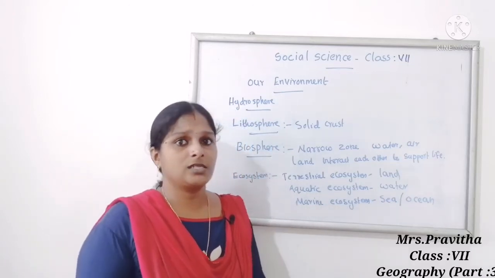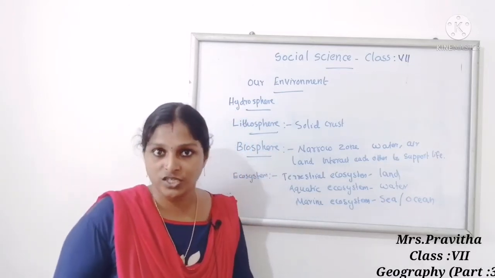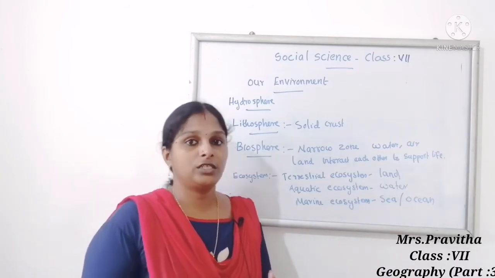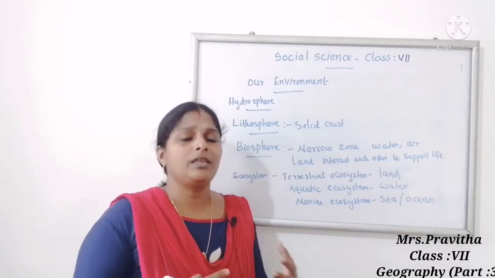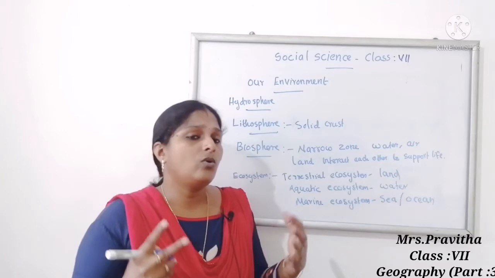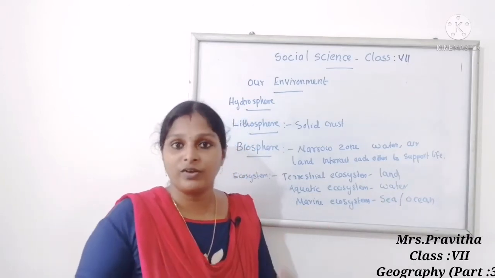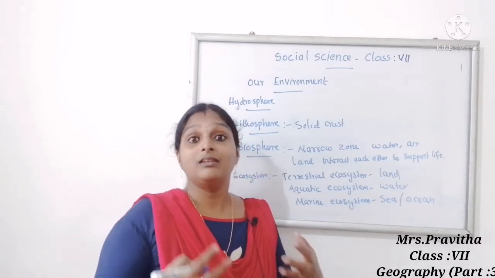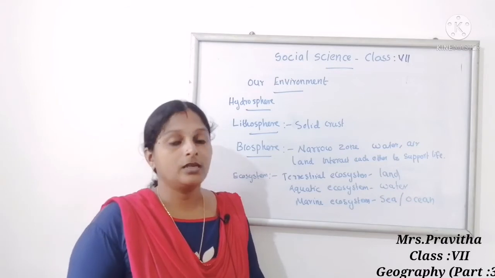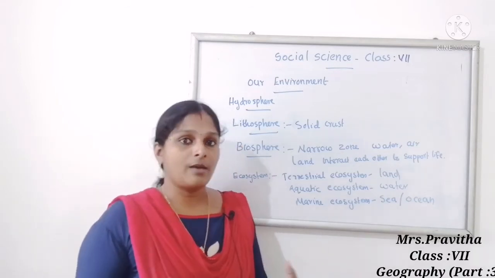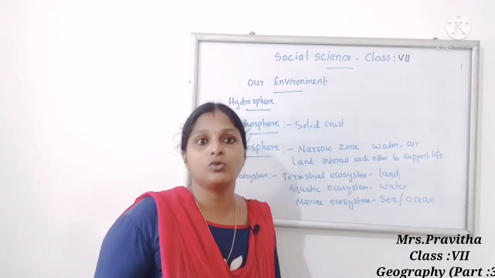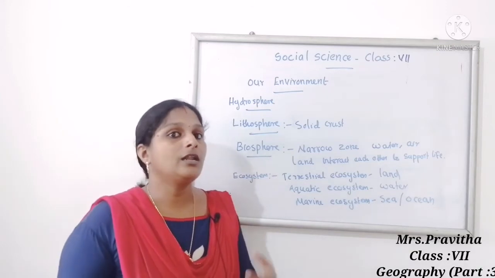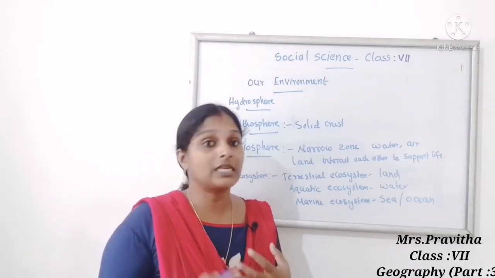We can tell many reasons: human activities like deforestation, polluting air, water and land, burning plastic, mining activities. All these human activities affect the ecological balance. Then there are natural disasters like flood, earthquake, forest fire, tsunami, that also affect our ecological balance. So human beings and nature both are responsible for ecological imbalance.